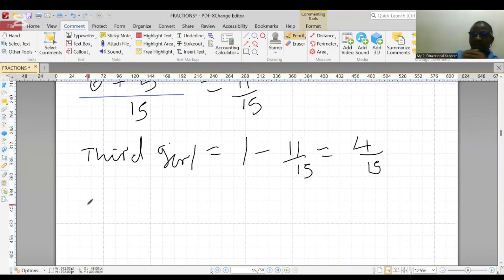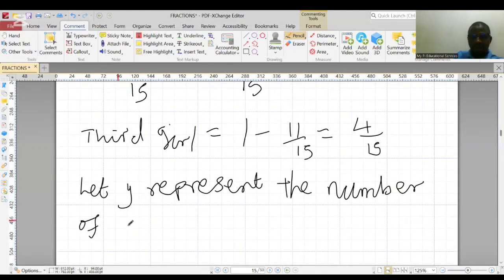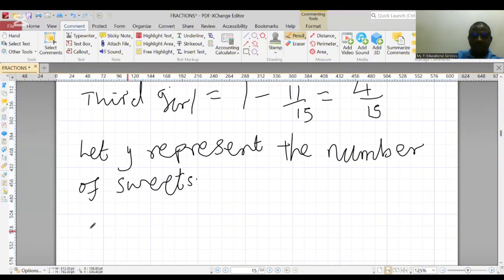I don't know the number of sweets in the packet, so let y represent the number of sweets in the packet. Which means 4 out of 15 of y equals 8.